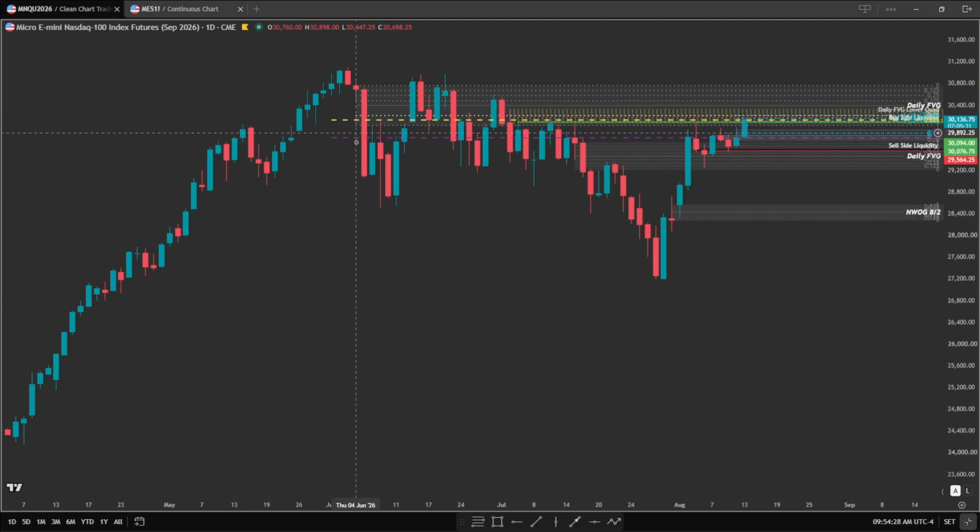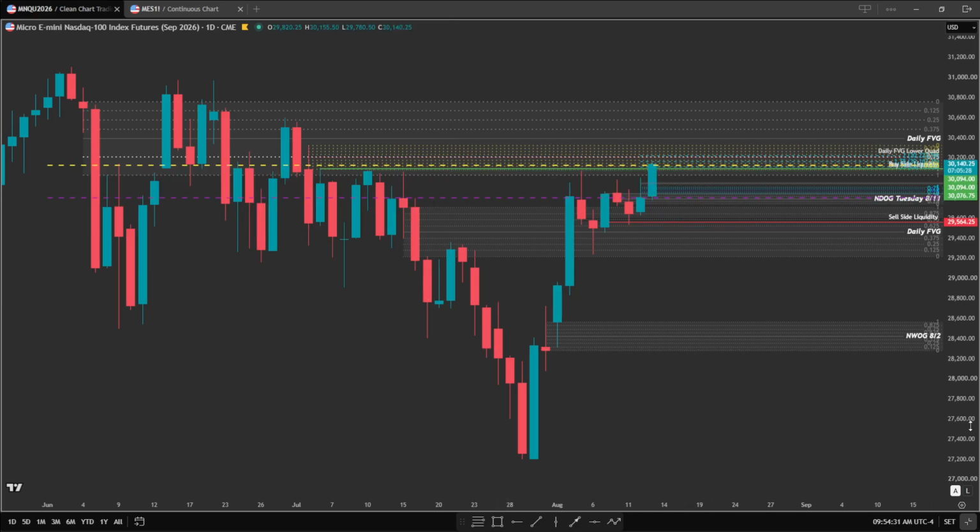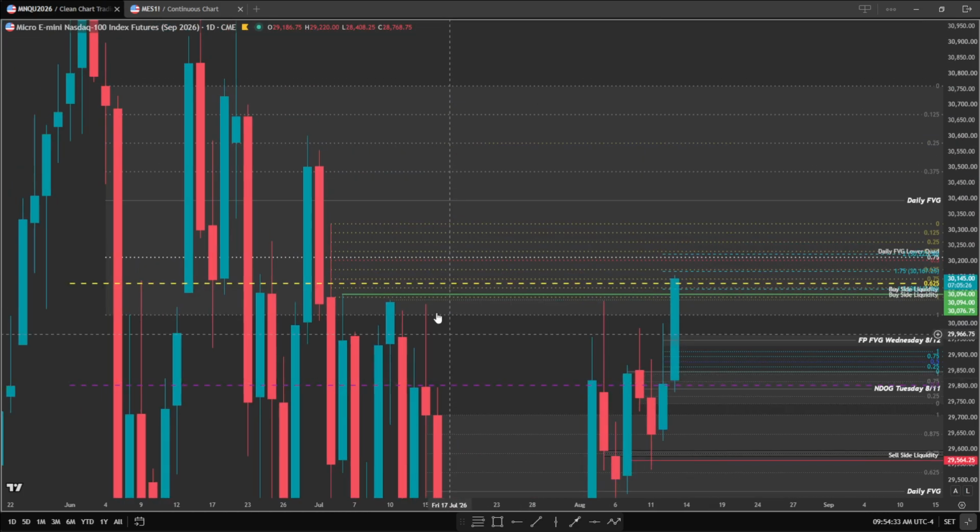These are those monthly levels. It's anchored to this monthly octant here.